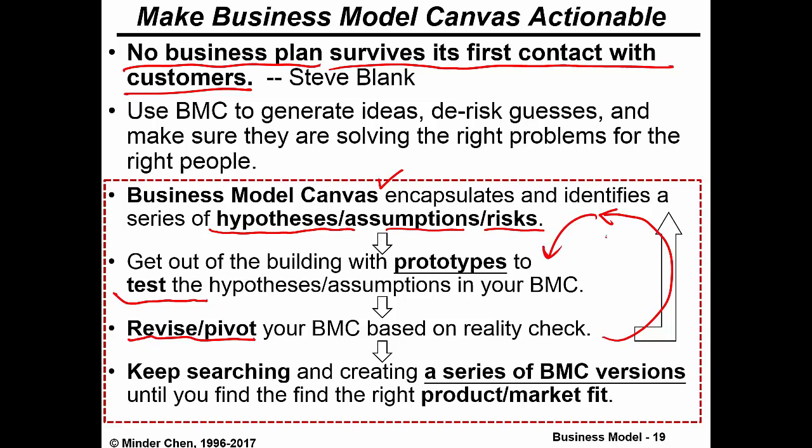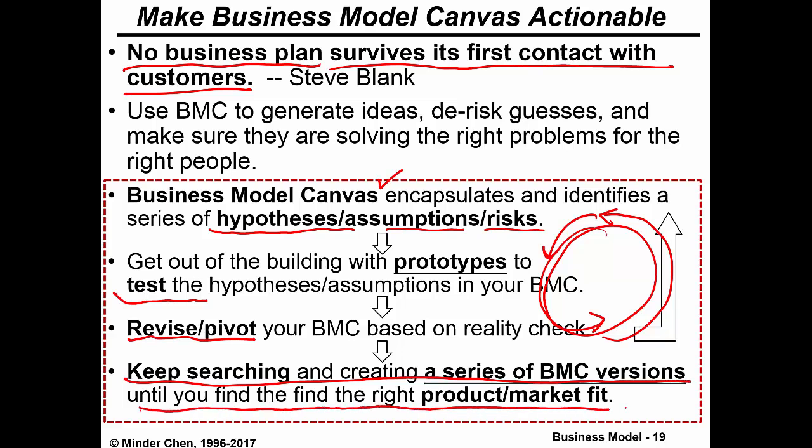again. So you go through this cycle of creating a business model, testing it in the marketplace, revising it, and testing it again. The whole process is to keep searching and creating a series of business model canvas versions until you find what we call product-market fit, which means that your specification and design of the product have found an accepting market with welcoming customers who like your products and services.